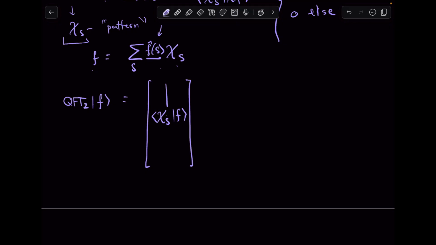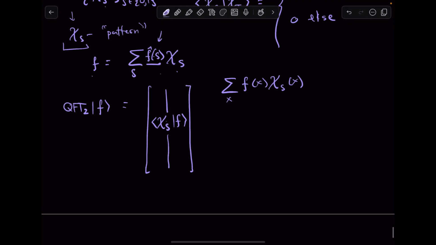And chi of s is its own Boolean function. So this inner product is essentially just a sum over all possible input strings of f of x times chi of s of x. And now I think we're ready to define what chi of s is, and we'll see that it's exactly the Hadamard transform when we do this.